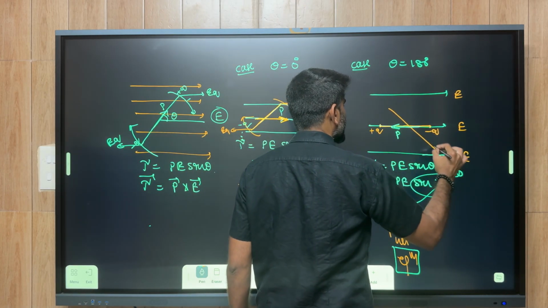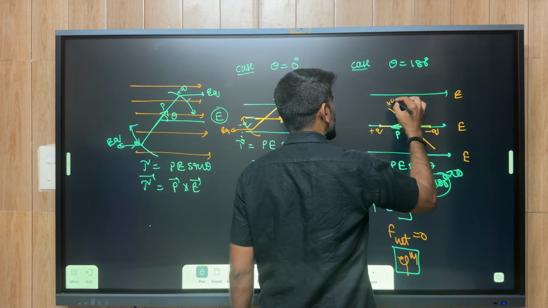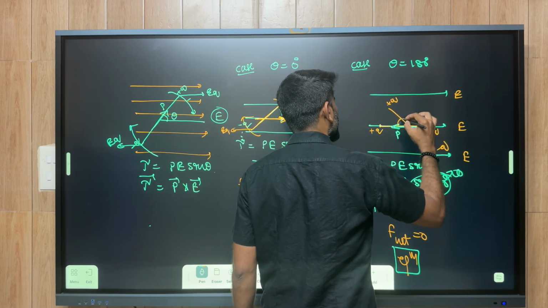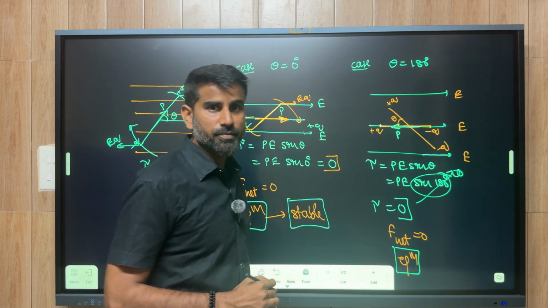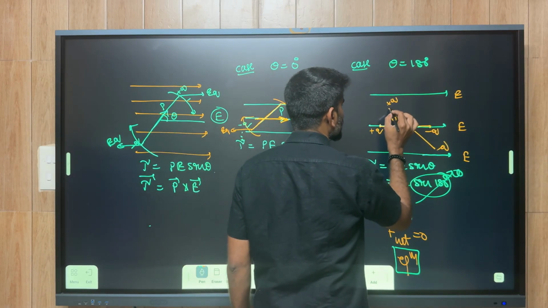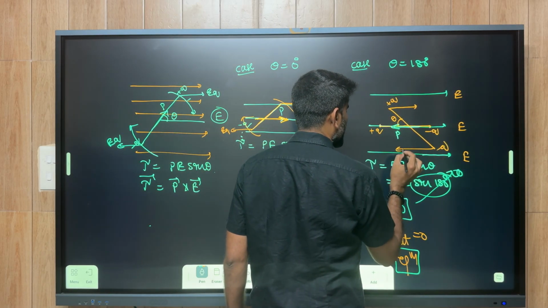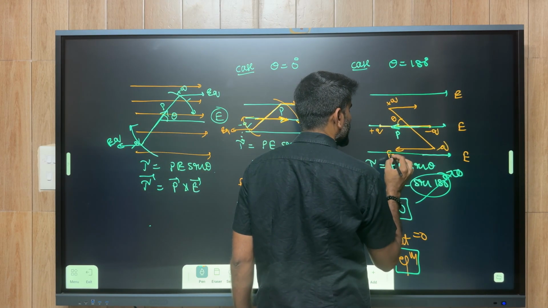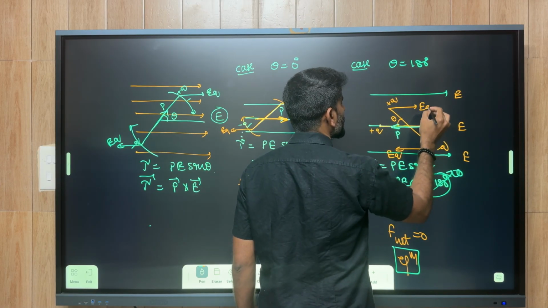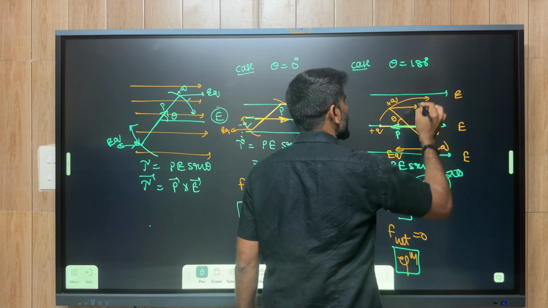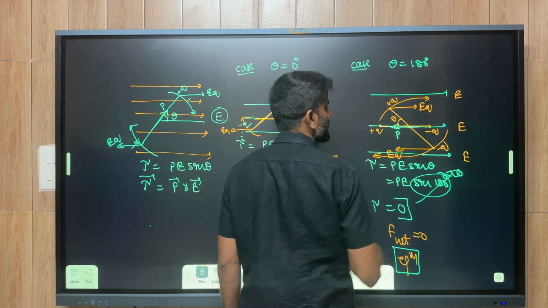Now let us say I've displaced this plus Q here, minus Q here, slightly displaced. Then what happens? The force on this plus q will be in this direction, and the force on the minus q will be in this direction, EQ, EQ. Then it will rotate in this direction, and this will rotate in this direction.